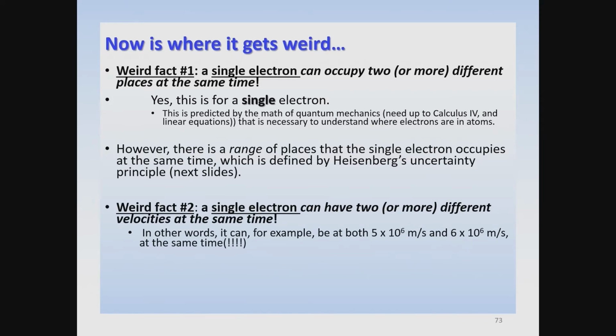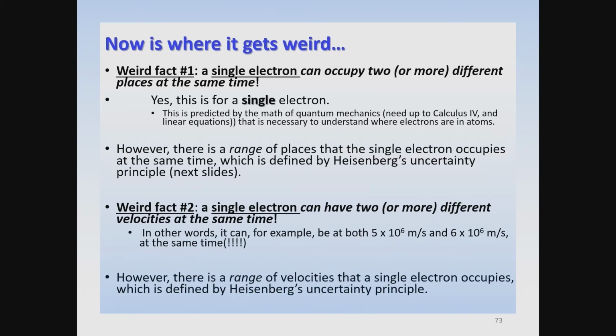And so it can occupy these two different speeds or states at the same time, which sounds, I know, pretty unbelievable. But what the Heisenberg uncertainty principle will show you is that even though the electron can occupy different speeds at the same time, there's a range of speeds that can be predicted to be occupied by the electron when it's in the atom.